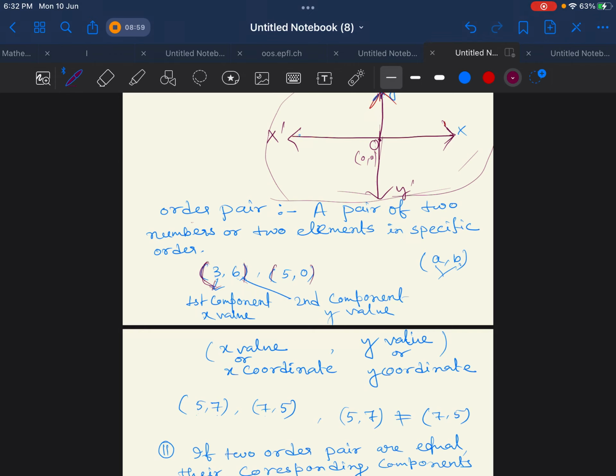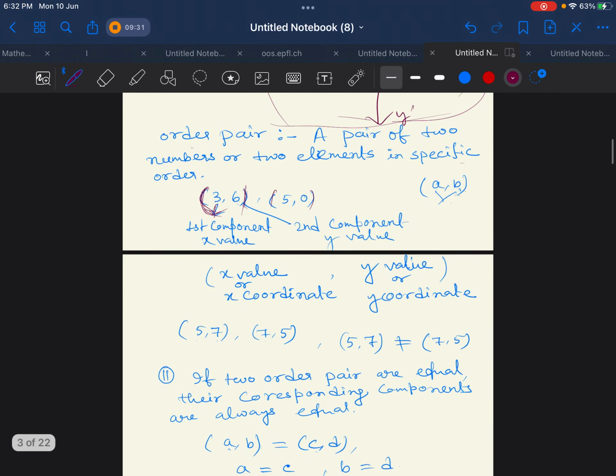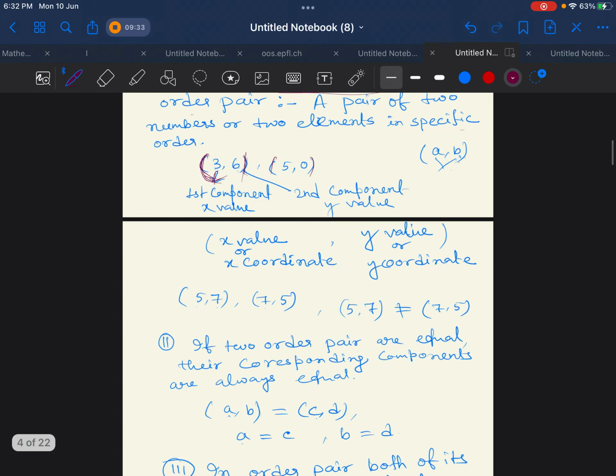This ordered pair always stays in a specific order. Specific order means the first component will always be the x value and the second component will be the y value. It can be for numbers and it can be for elements. Here we see (a, b) is an ordered pair.